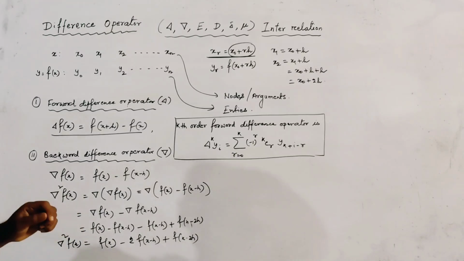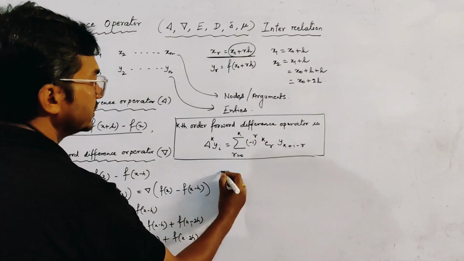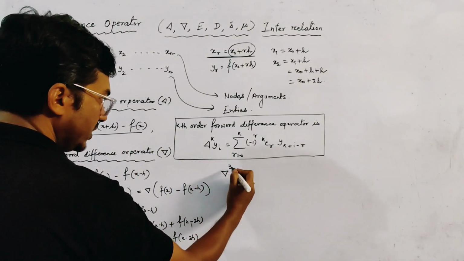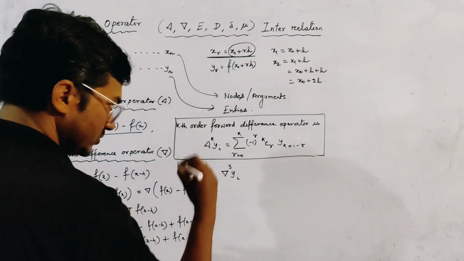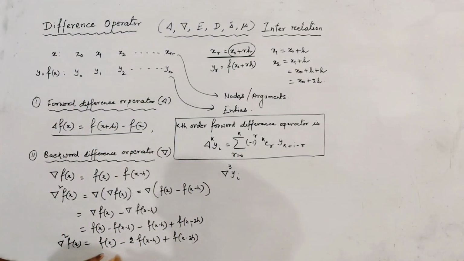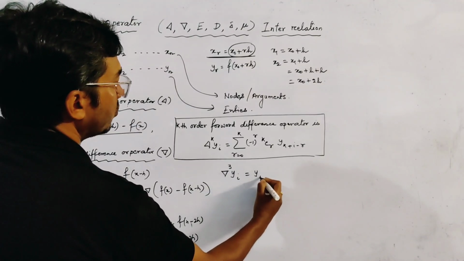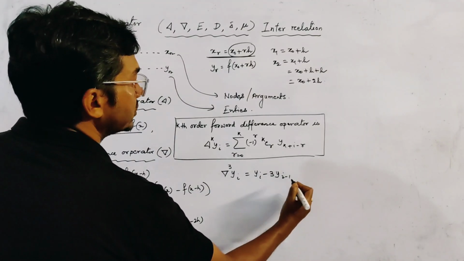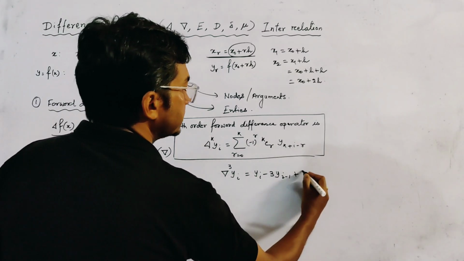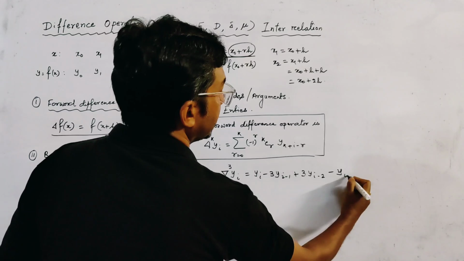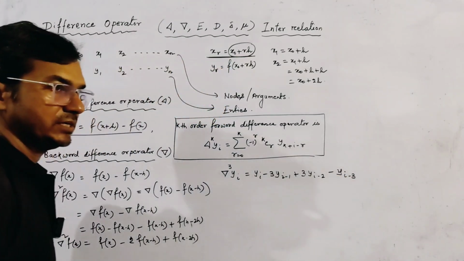Similarly, if we write the third order backward difference operator, this is nabla cube yi. We write here yi in place of f of x. Then clearly this is given by yi minus 3 into yi minus 1 plus 3 into yi minus 2 minus yi minus 3.